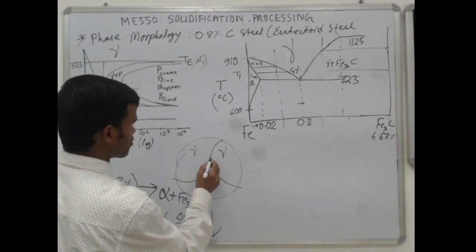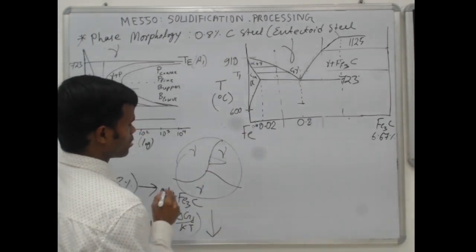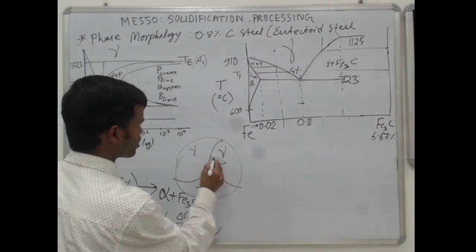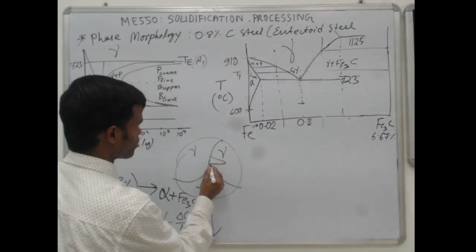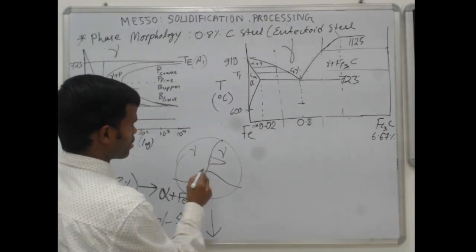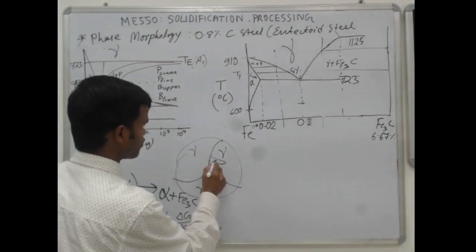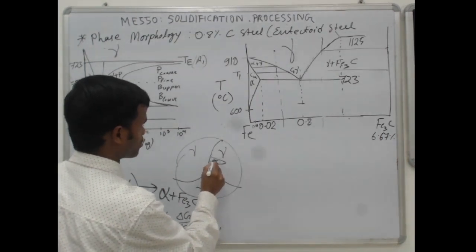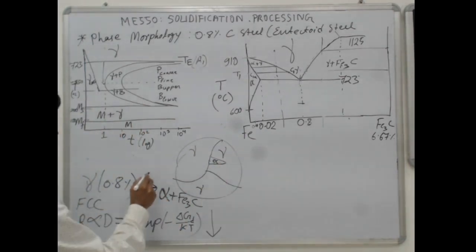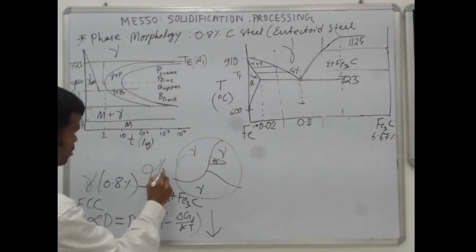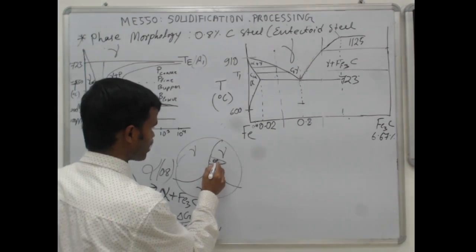So suppose there is a region something like this, and this region indicates the different preferential planes which are not parallel. That's why you have some inclined region. In this region, suppose you have a high concentration of gamma, it becomes alpha. So gamma becomes alpha with high concentration, say alpha with 0.8% carbon. Now this is ferrite. What will happen?